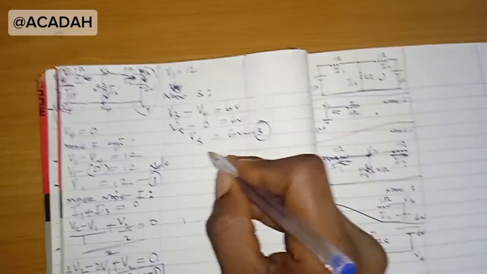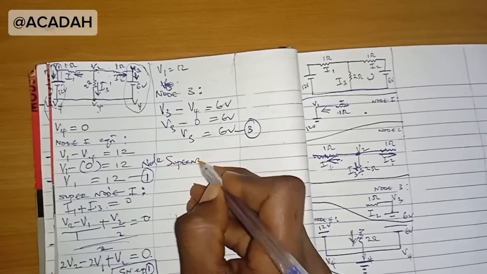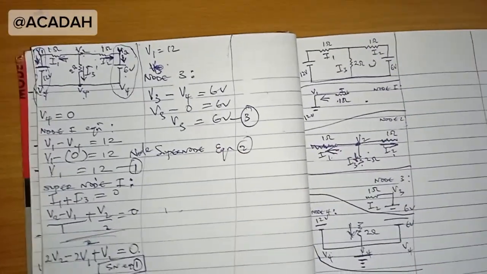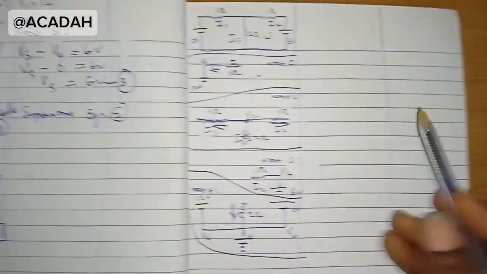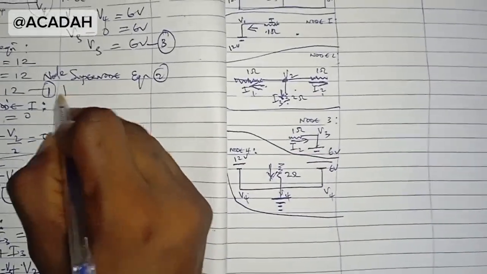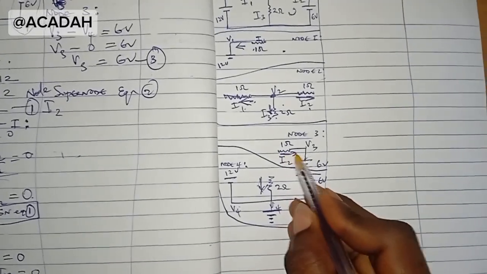So the super node equation, the second super node equation, will simply be, go back here, for V3 is easy here. V3 has I2 entering it, so that is I2 entering.